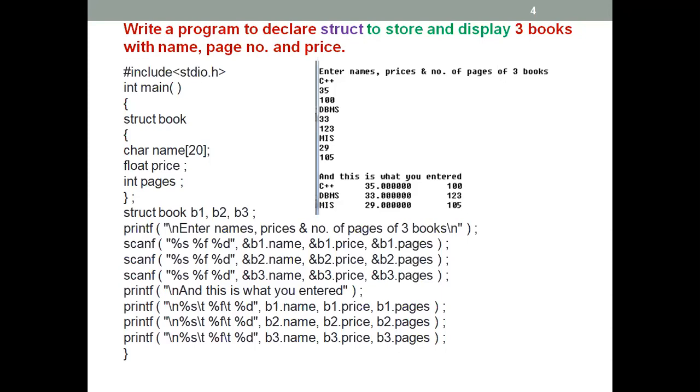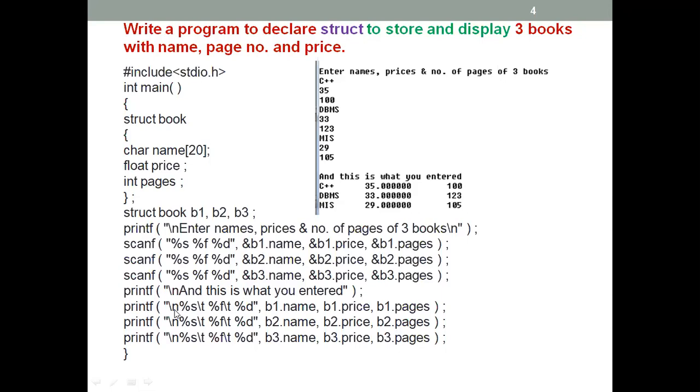Everything you have to point here, pointer. The first one is the name, then the price, and then the pages. This is for book 1, book 2, and book 3. Then after you enter, printf, the output comes. This is what you entered. So this is the same thing. What is the name? What is this here?